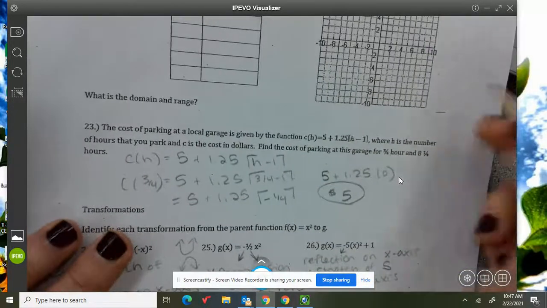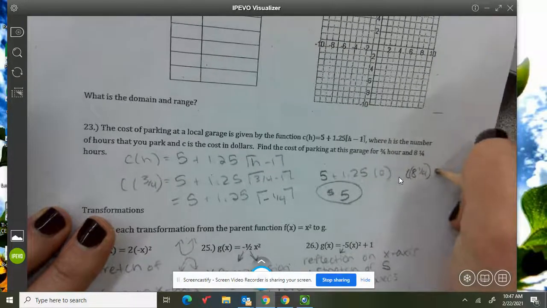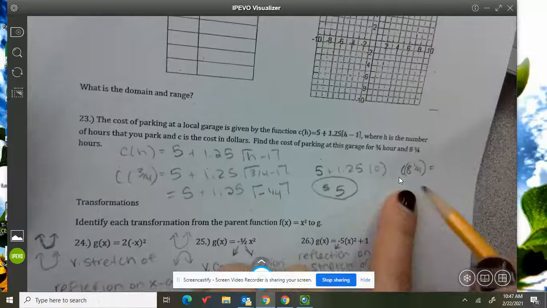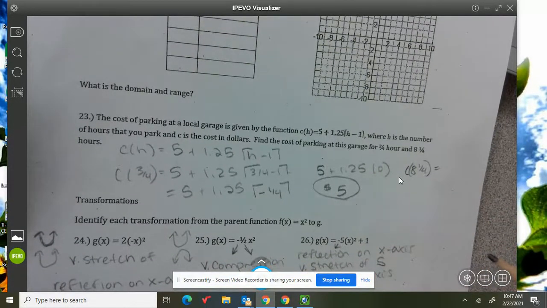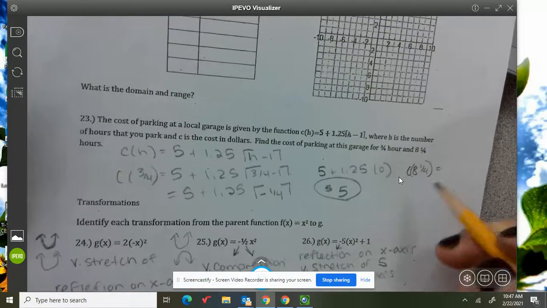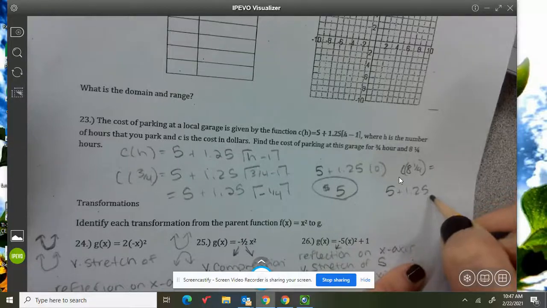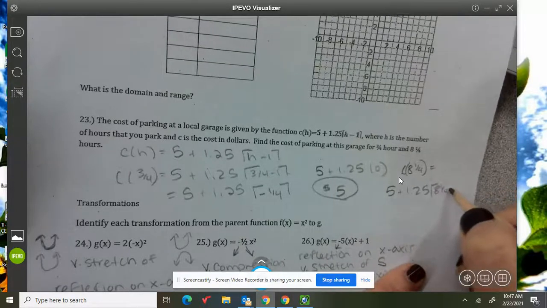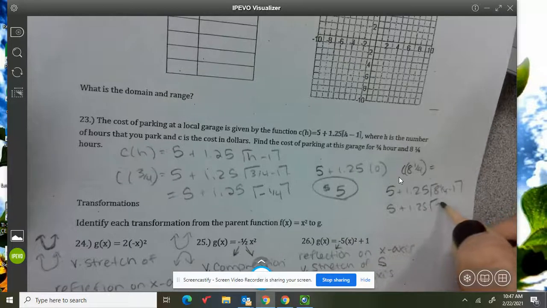Okay, another one is 8.5 or 8 1/4, which is 8 hours and 15 minutes. So they're only going to charge you for 7 hours and 15 minutes. Well, they're not going to charge you for 7 hours and 15 minutes. They're going to round that up to 8. So $5 an hour plus $1.25 per hour. 8 1/4 minus 1 is 7 1/4.